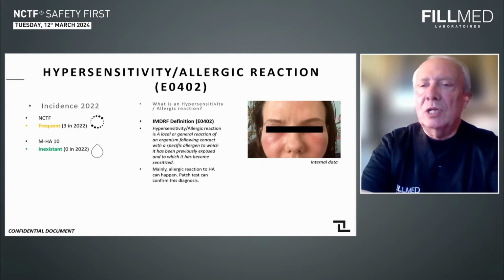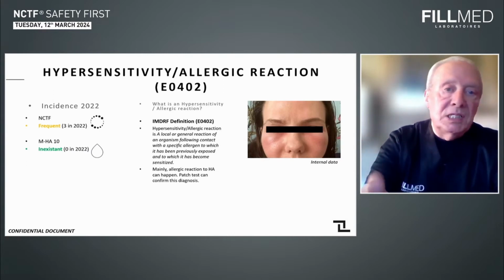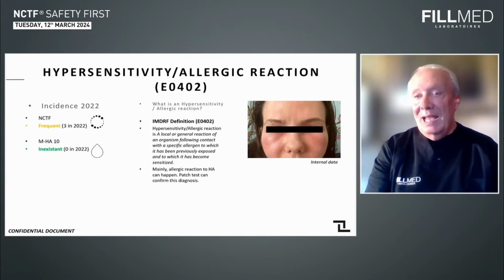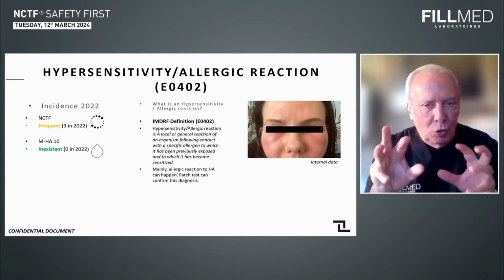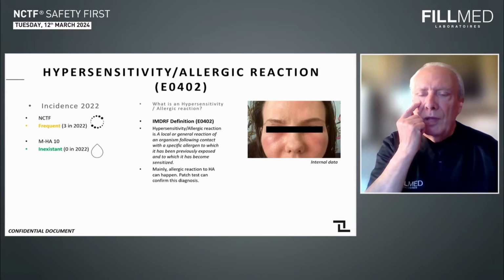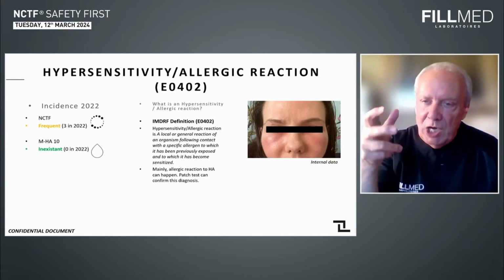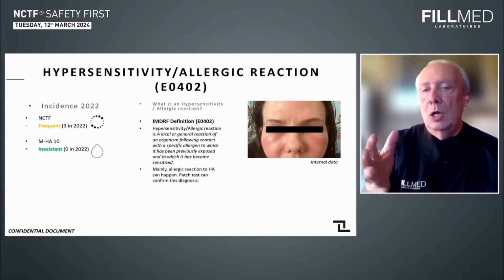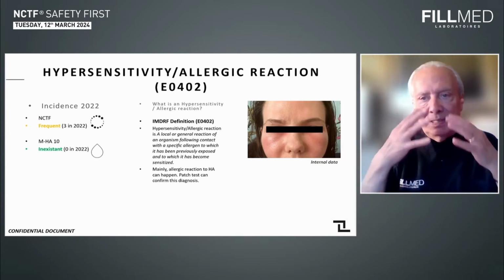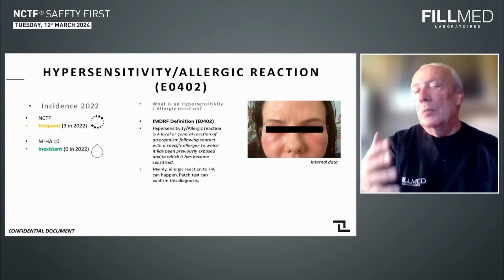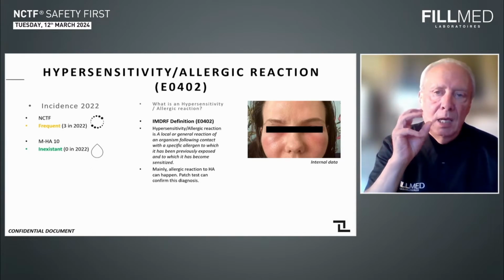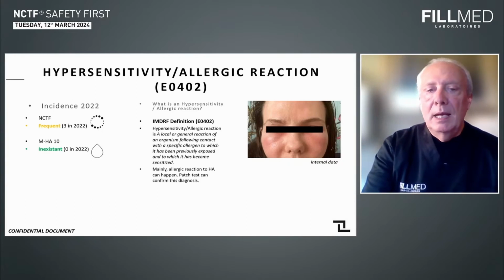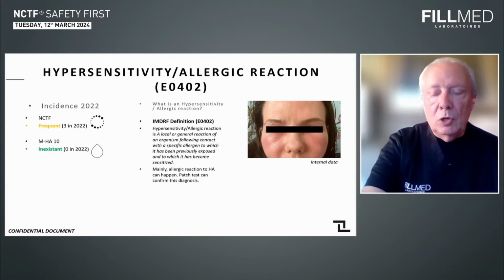Hypersensitivity and allergic reactions: this is a possible case of allergic reaction, even if also in this case, in my opinion, there were too many injections and too nearby. Mainly with HA it can happen, some swelling. If you have this suspicion, maybe you can also do a patch test that can confirm your diagnosis.